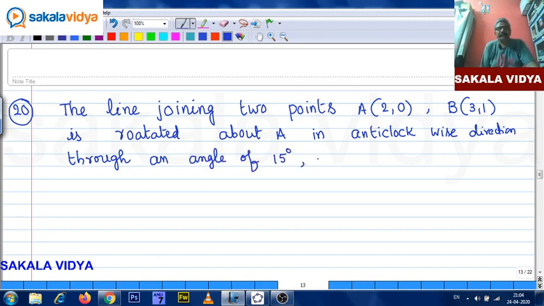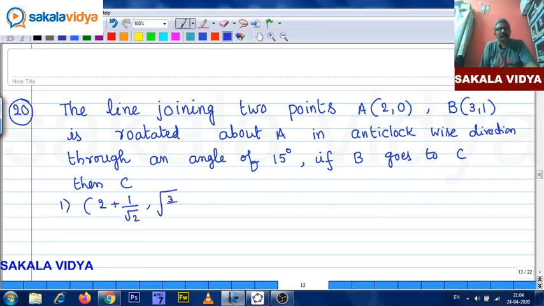If B goes to C, then coordinates of C are: first option, 2 plus 1 by root 2, comma root 3 by 2.